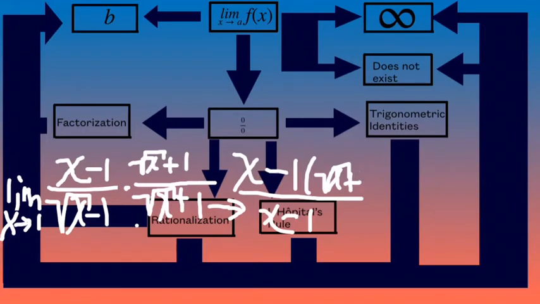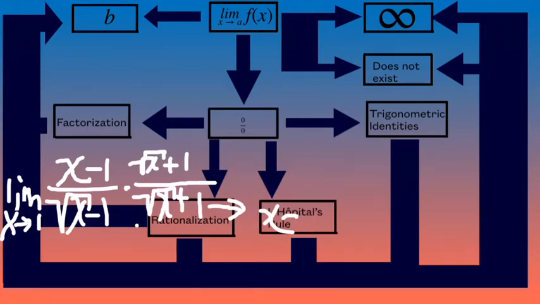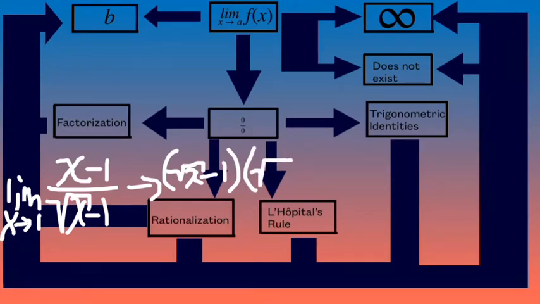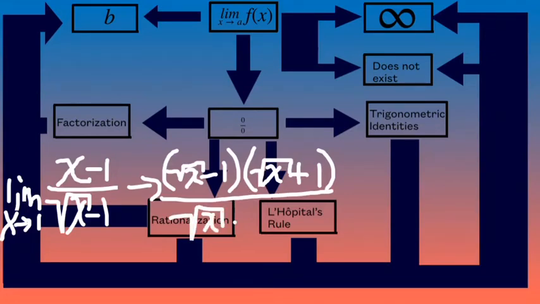And you could have also arrived at this solution by factoring, thinking of x as the square root of x squared, to get the square root of x minus 1 times the square root of x plus 1 over the square root of x minus 1.